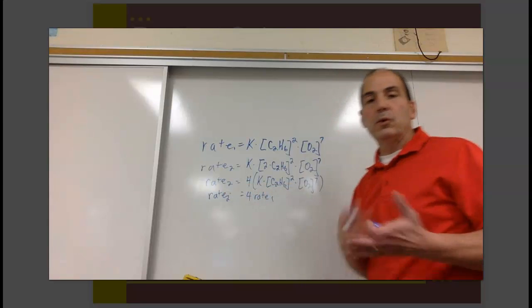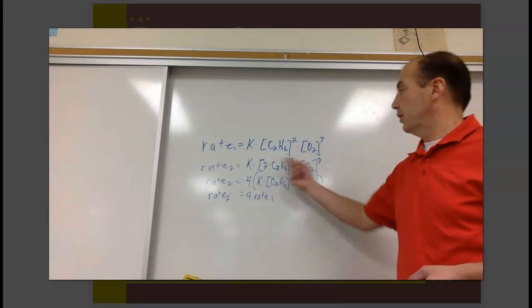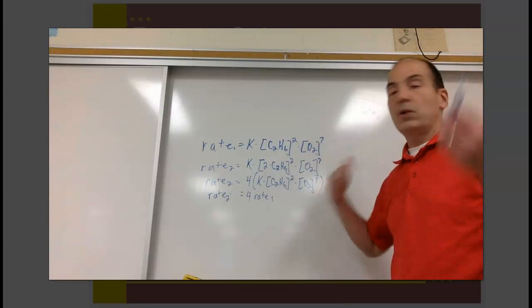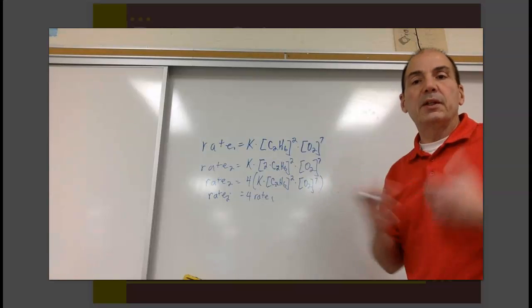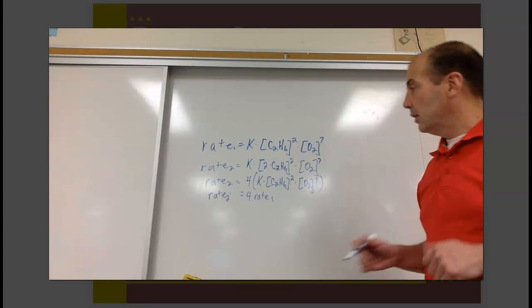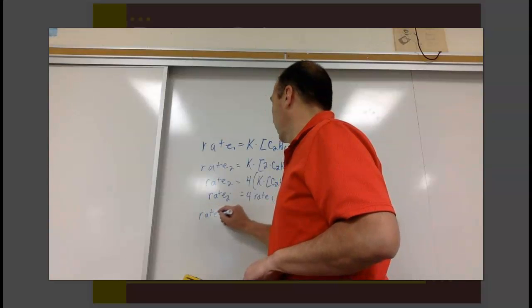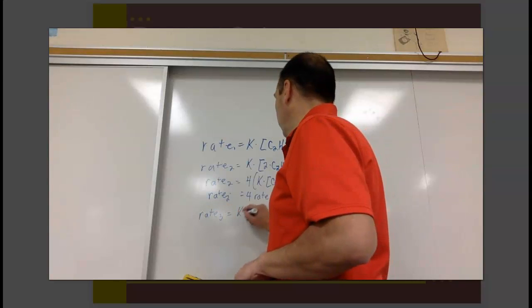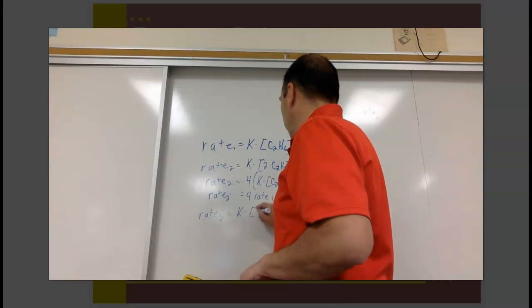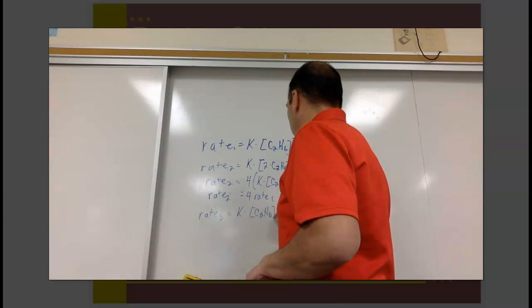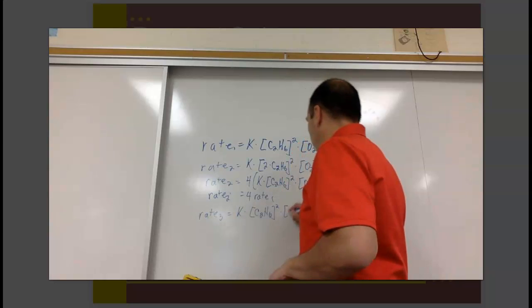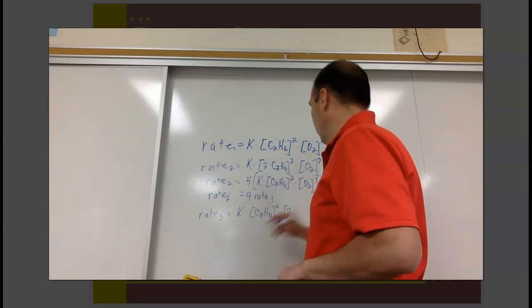Now, I don't usually go through all this math. I just look at this and say, all right, if I double this, 2 squared is 4. That's it. But I'm explaining it from a math point of view to you. So obviously then, if I talk about rate 3 real quick, and talk about now doubling the oxygen, we're going to leave the ethane as it is, but double the oxygen.